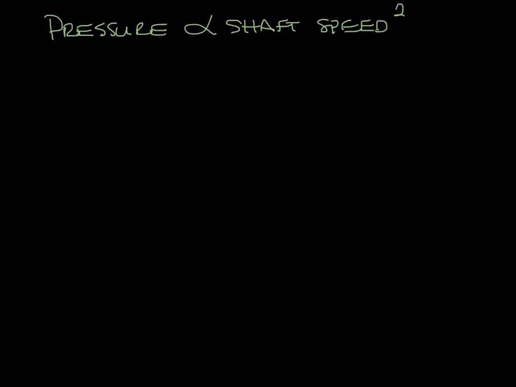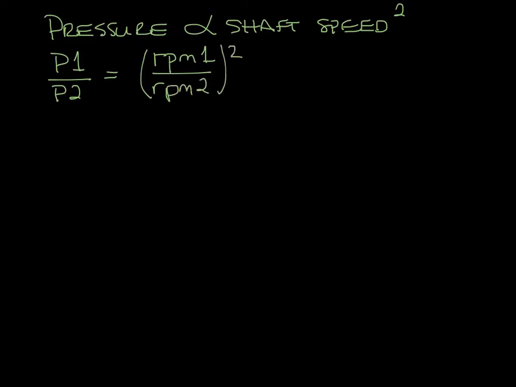The second fan law says that the pressure is proportional to the square of the RPM. So this looks like this. Pressure 1 divided by pressure 2 equals RPM 1 divided by RPM 2 squared. So let's say you want to find pressure 2.